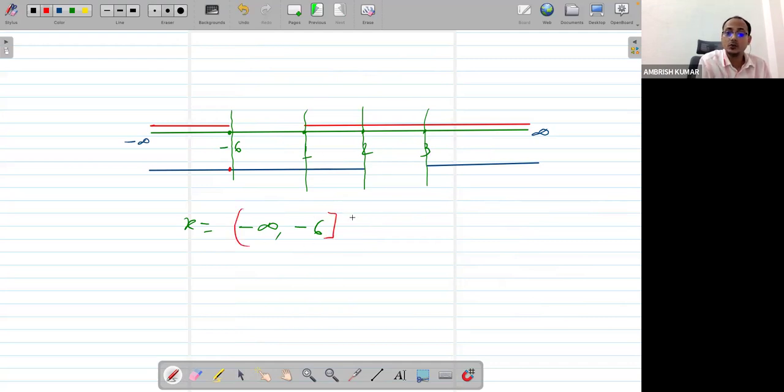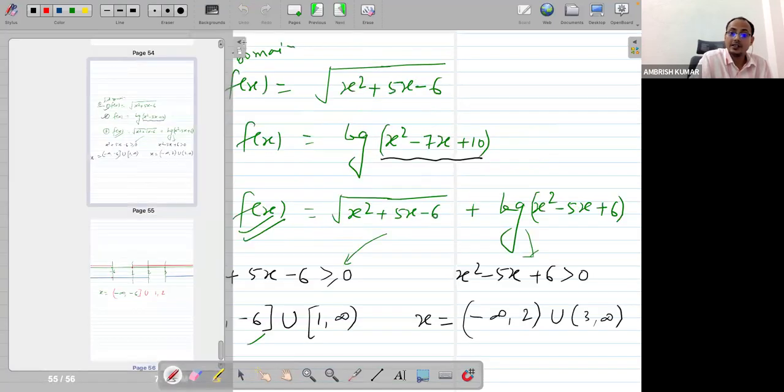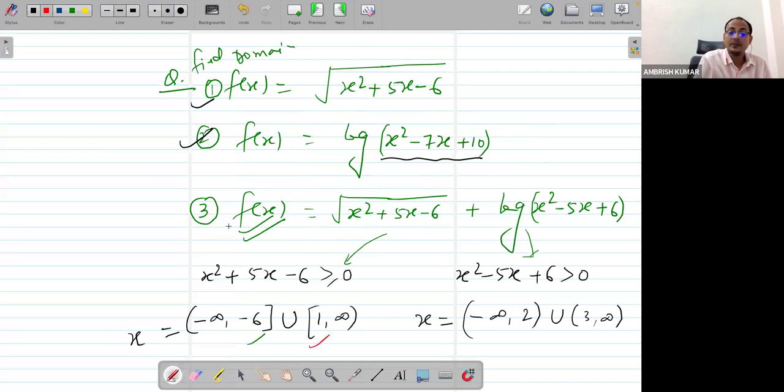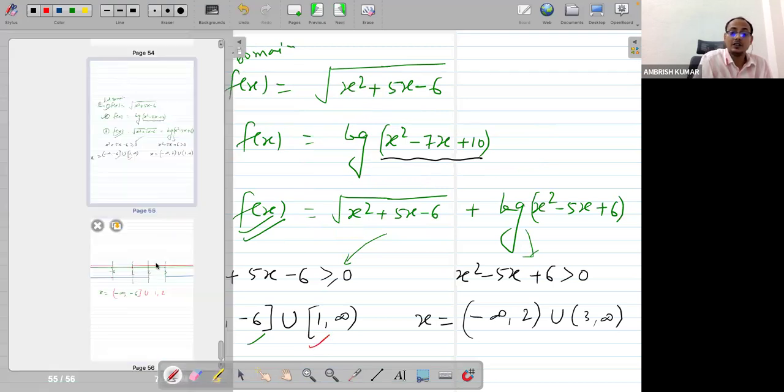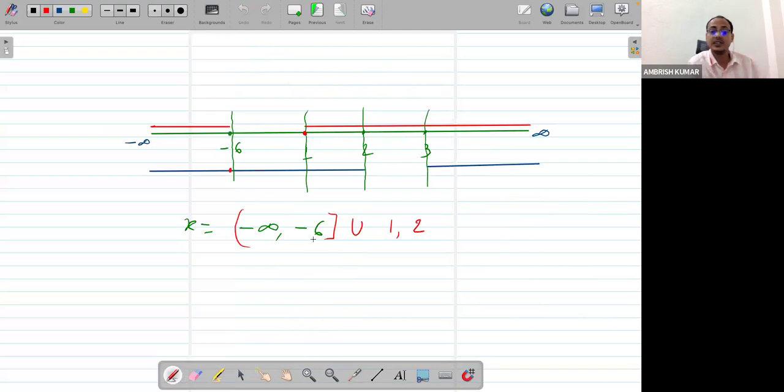Then 1 to 2, so union. Now for 1 to 2, closed or open. So look, at 1, the square root is in closed. But what about the log? So see, at 1, log is also defined, no, because here it's a continuous line. Yes, sir.